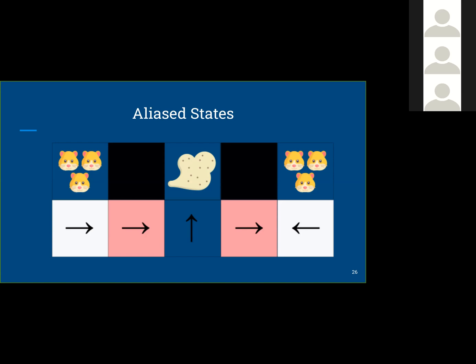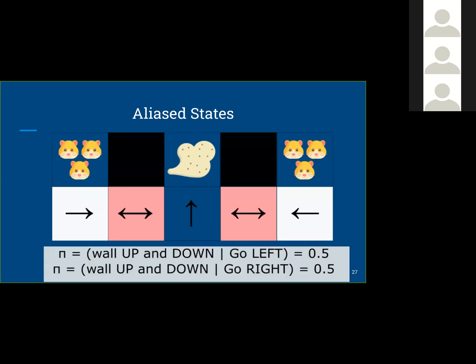But you already picked right, so it always has to stay the same. But if you have a stochastic policy, you can use a probability where you have a 50-50 chance of moving left or right. And that will break you out of the situation where you need to make the same move in identical states. Did that make sense, everyone?